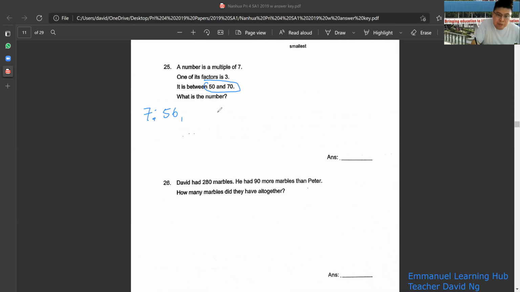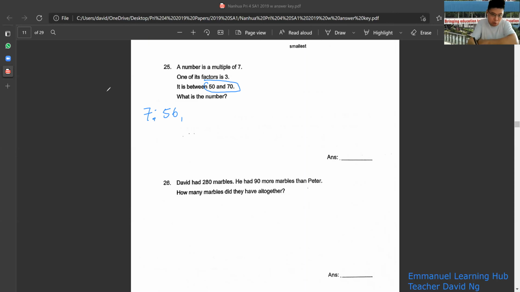And what other number are there? 70. That's why I've been telling you to go and memorize your multiplication timetable.